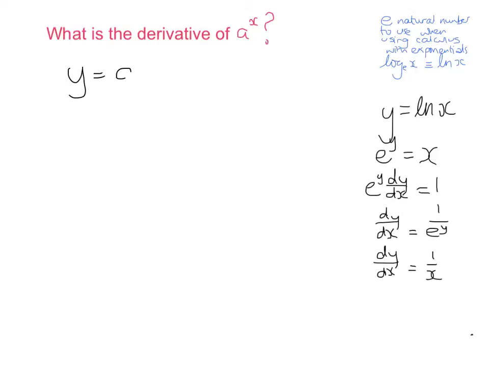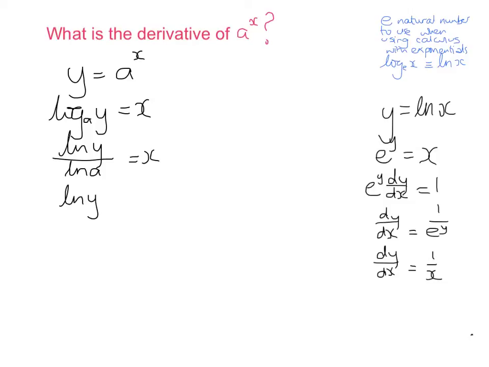Y is a to the x. Okay, so log to base a of y is x. Let's change the base to ln. Ln y over ln a equals x. Ln y is x ln a. Let's differentiate both sides with respect to x using implicit differentiation, or the chain rule, same thing on the left hand side.